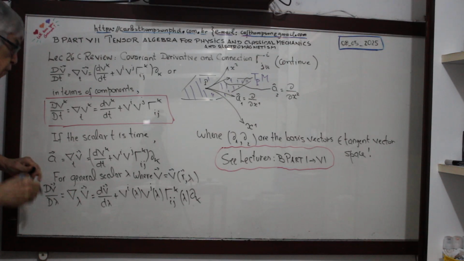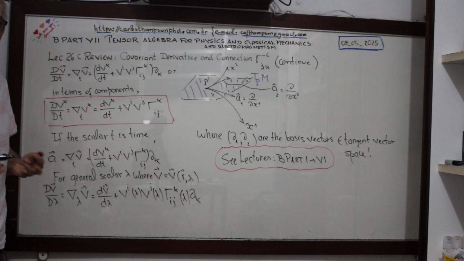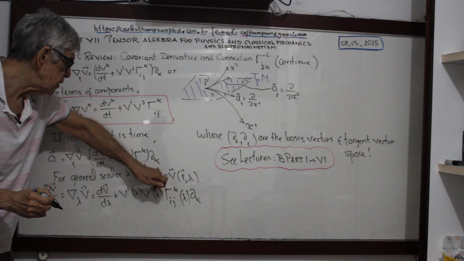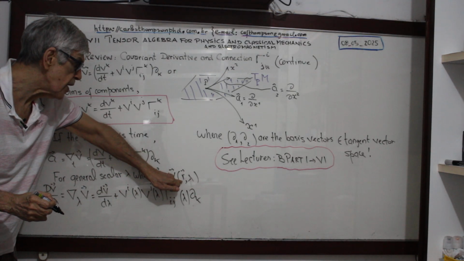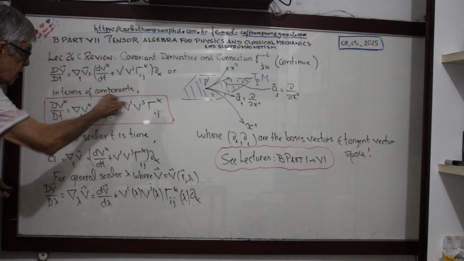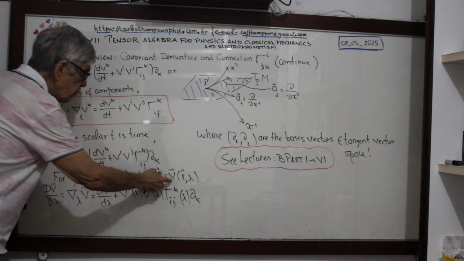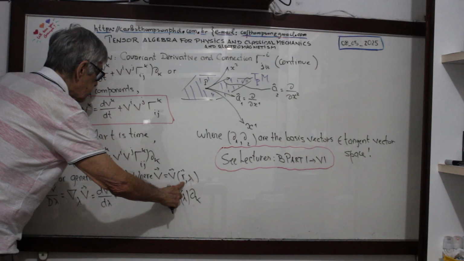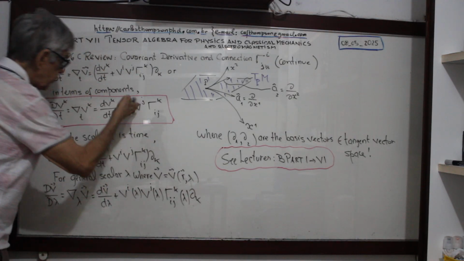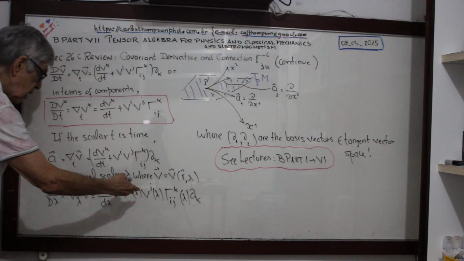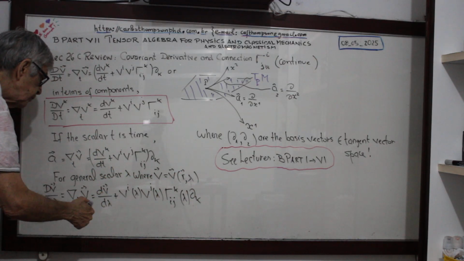Now, for a general scalar lambda, v is a function of the position vector and the scalar lambda, like the same here as we did, that the vector v depends on the position vector and t over here. I substitute t by lambda and just write it over here.